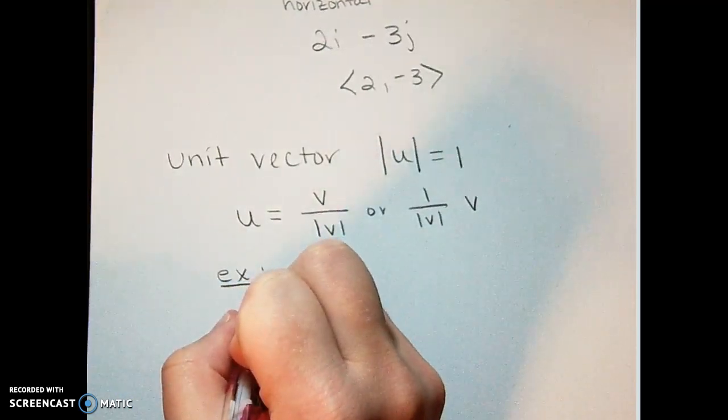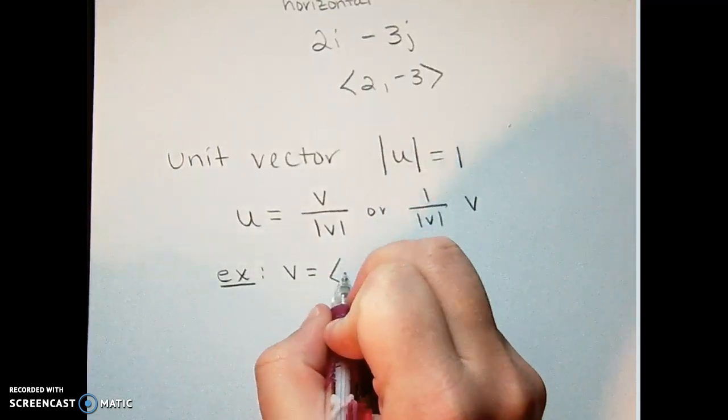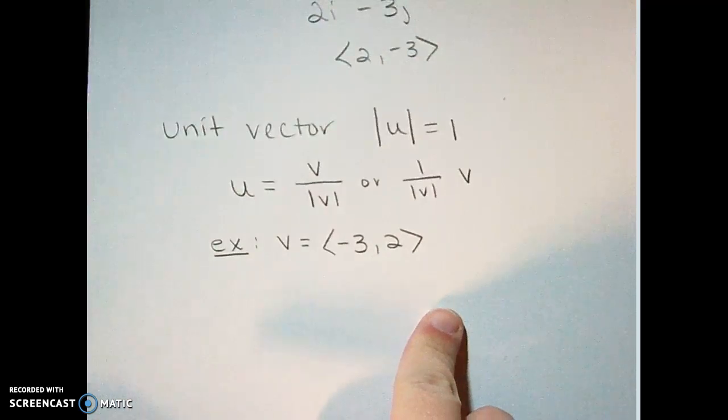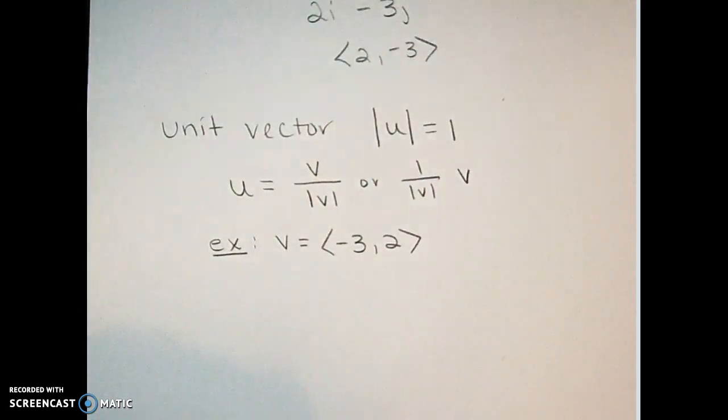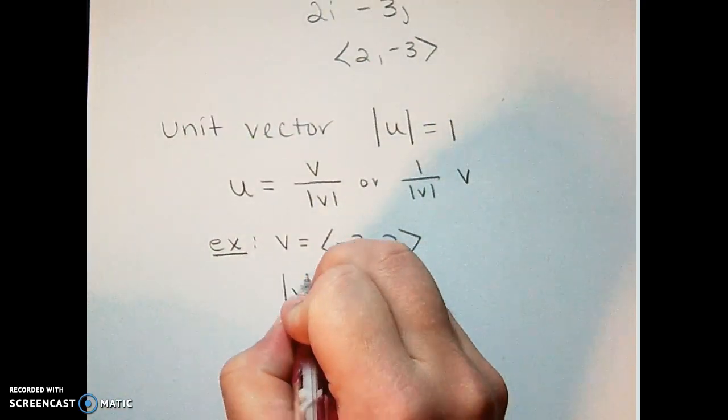If v is negative 3, 2, this obviously does not have a length of 1, so we want to figure out what unit vector, given these components, would have a length of 1. So the first thing to do is find your magnitude.